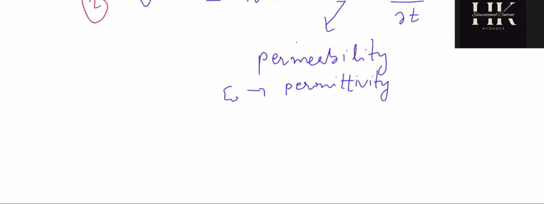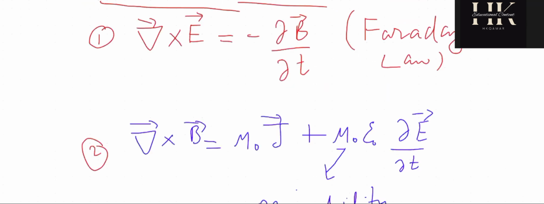So we are going to use these two equations in order to derive the Poynting theorem, or work-energy theorem of electrodynamics. Next, we are going to take the dot product of these equations. In Faraday's law, on the left-hand side there is E, so we take the dot product of this equation with B. E is the electric field and B is the magnetic field. The dot product of the second equation will be taken with the electric field.